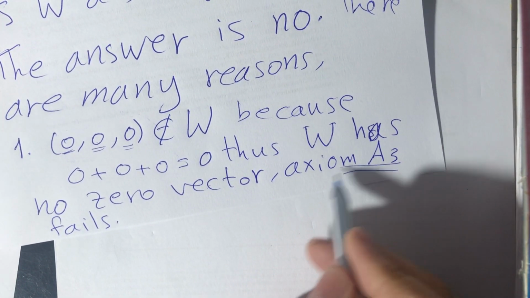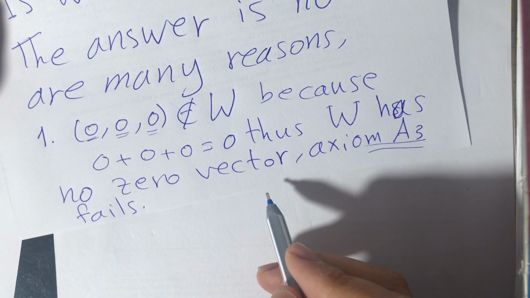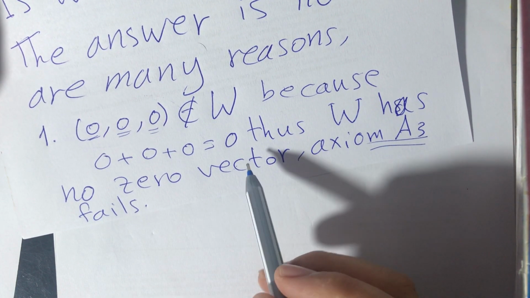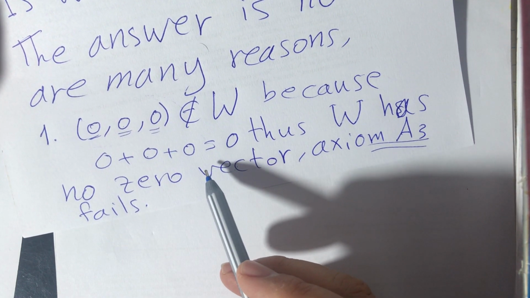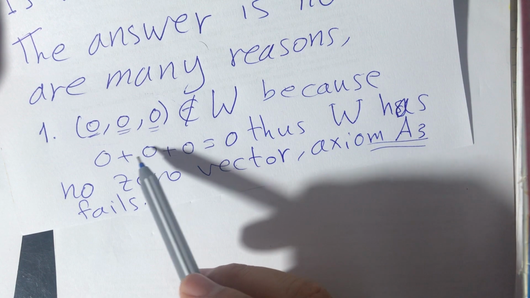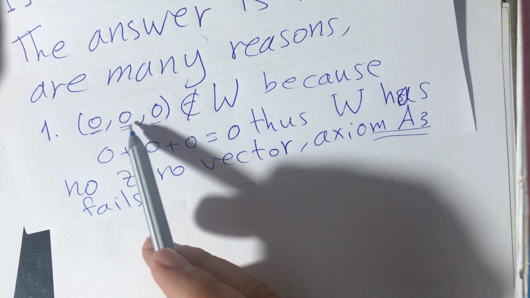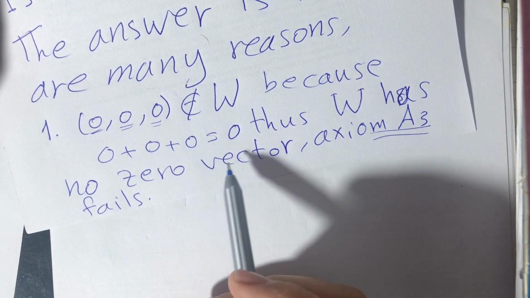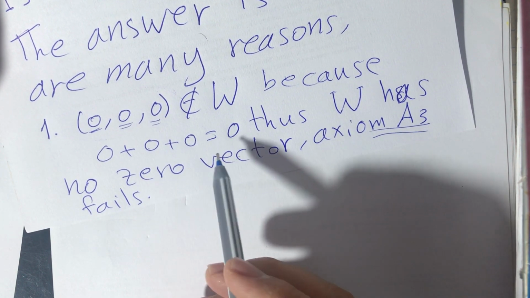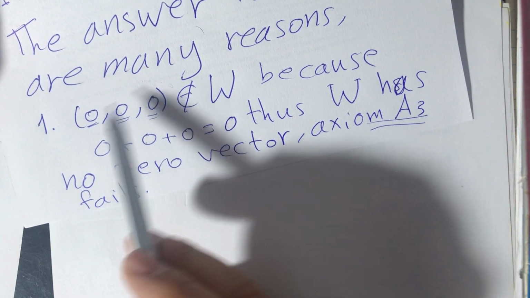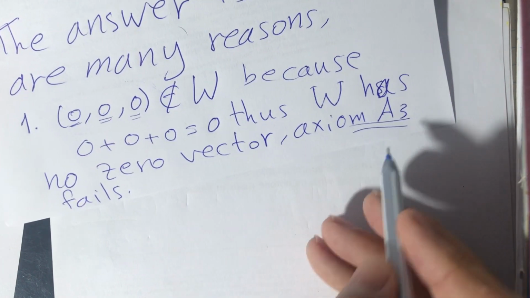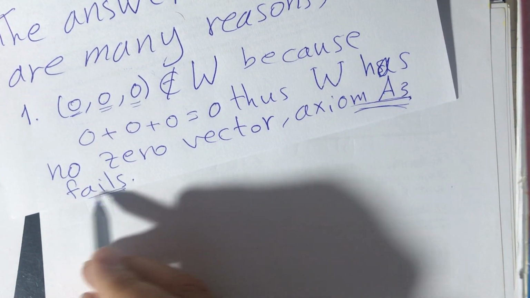Axiom A3 doesn't satisfy because a vector space has to have a zero vector, and the zero vector sum with any vector will be the same vector, x plus 0 equal to x for all x. If there is no zero vector, A3 will fail.